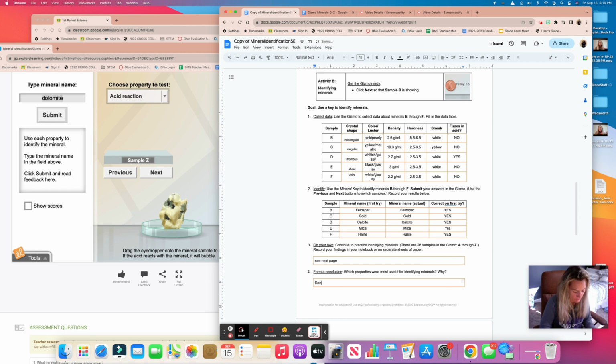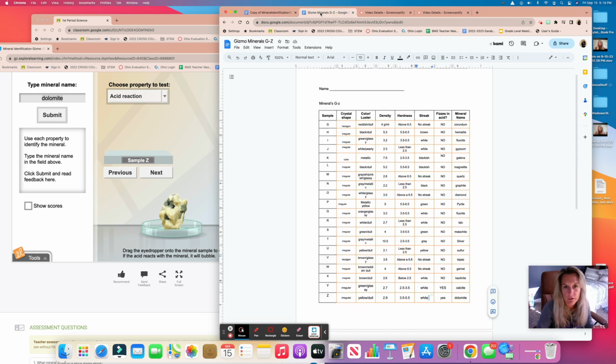I would say density for sure, because it is mathematical and is not up for interpretation, or it's not up for debate. It's pretty exact. Also, hardness is pretty reliable because it's exact.